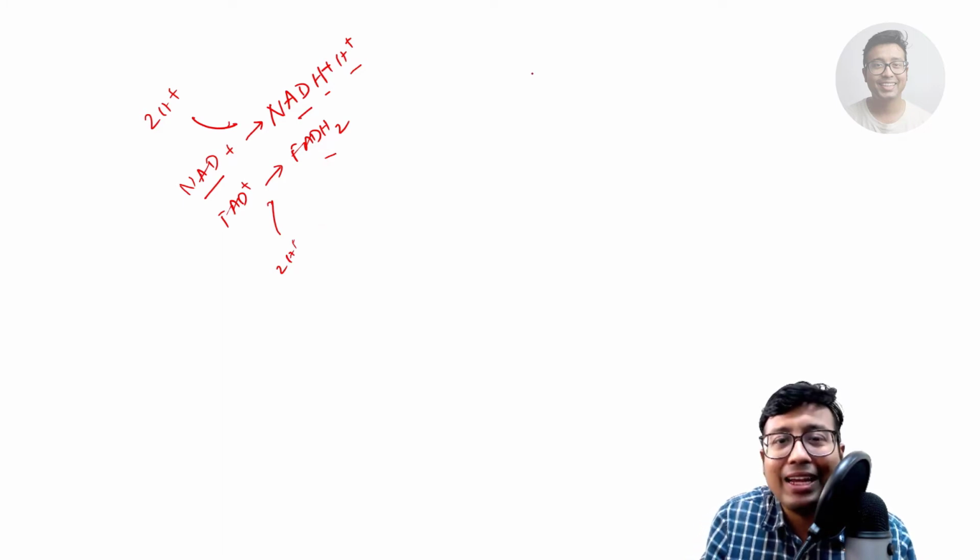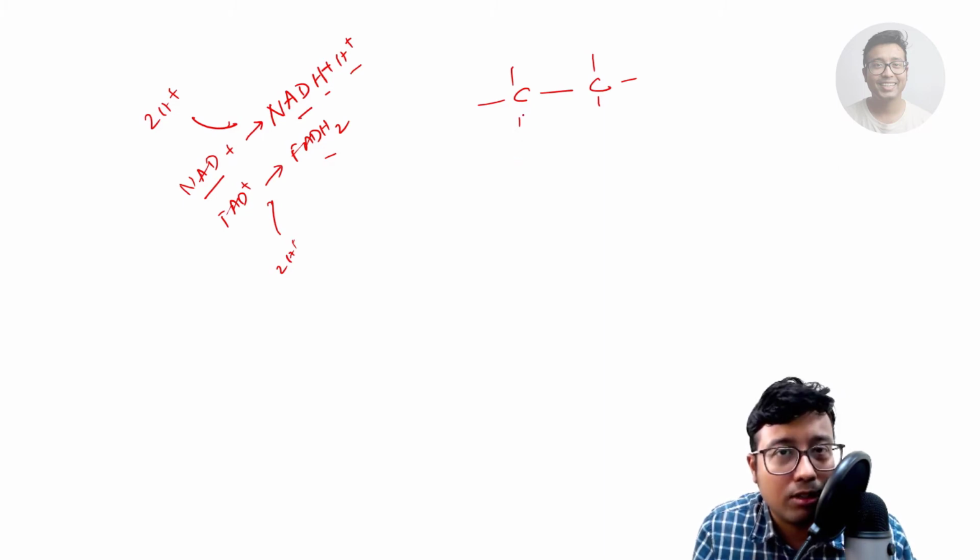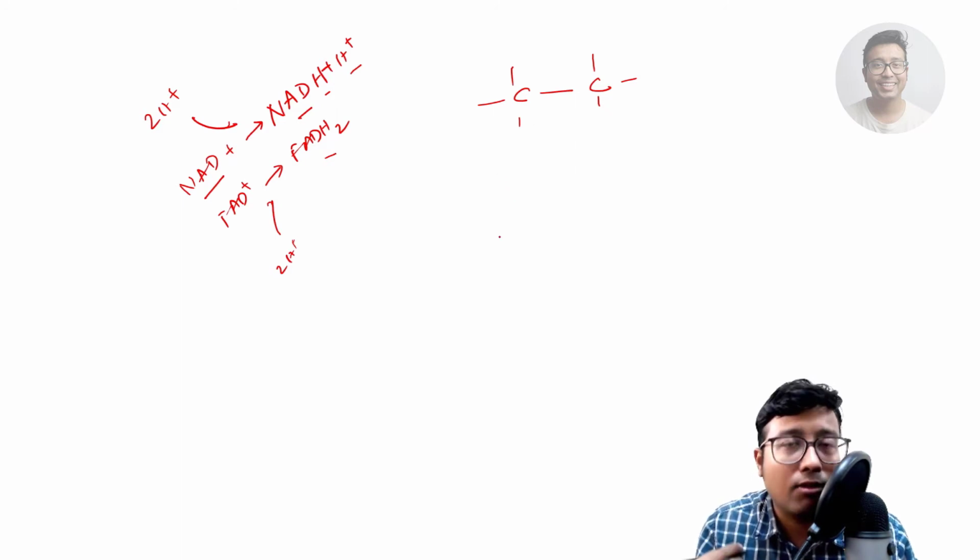FADH2. In reality, if you look at the molecular mechanism in a very simple way, basically they extract hydrogen. And what will happen as a result? A double bond will be formed, right? Simple.